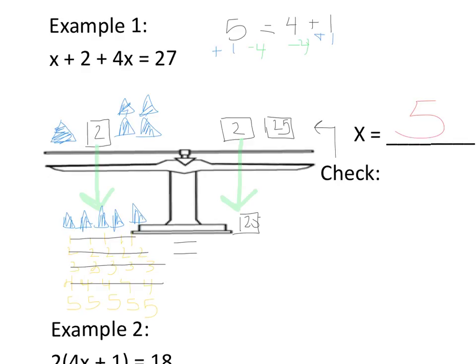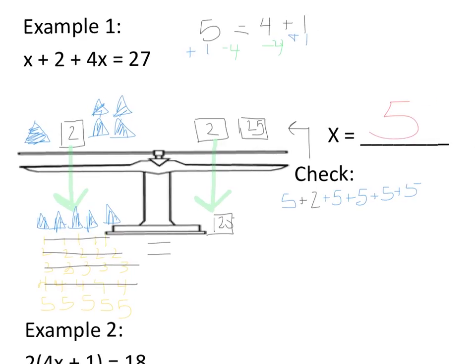First we had x, and we know x to be 5, and then we added 2, and then we added 4 more 5s. And we want to know if we add up both sides, do they equal each other?